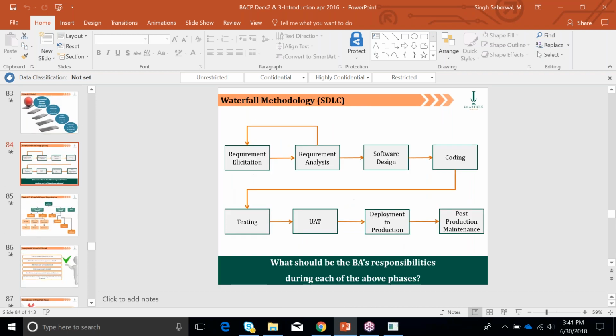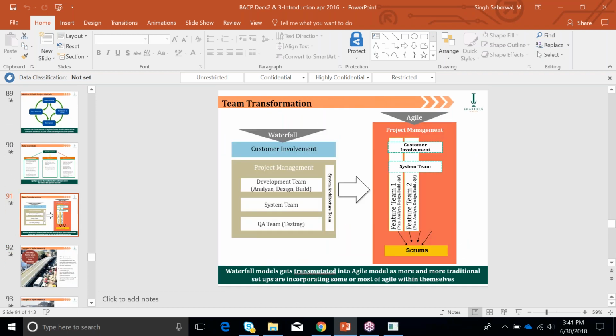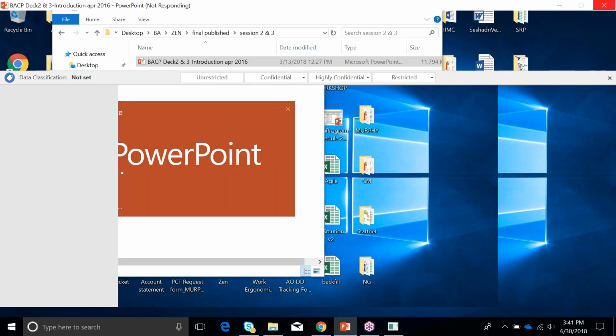We finished the waterfall methodology. We went into agile and adaptive methodology. We turned ourselves into the team transformation, where we discussed how a waterfall team gets converted to agile in terms of multiple teams, where each team is like a feature team. Team one is developing certain features, team two is developing certain features, and so on.